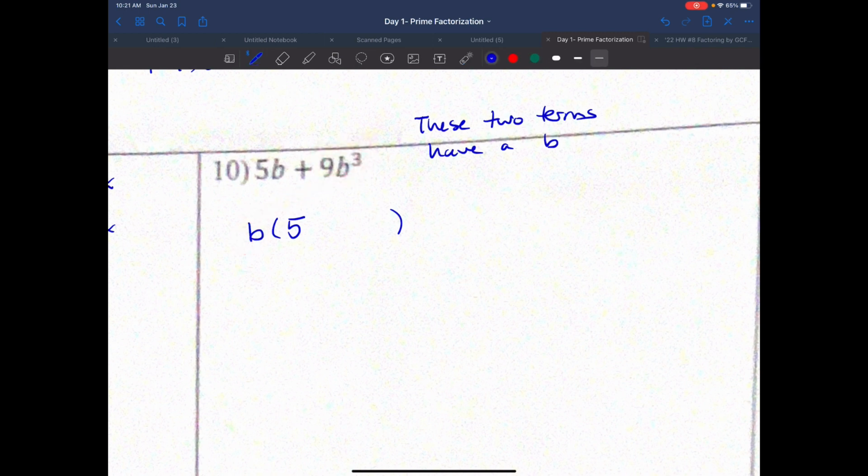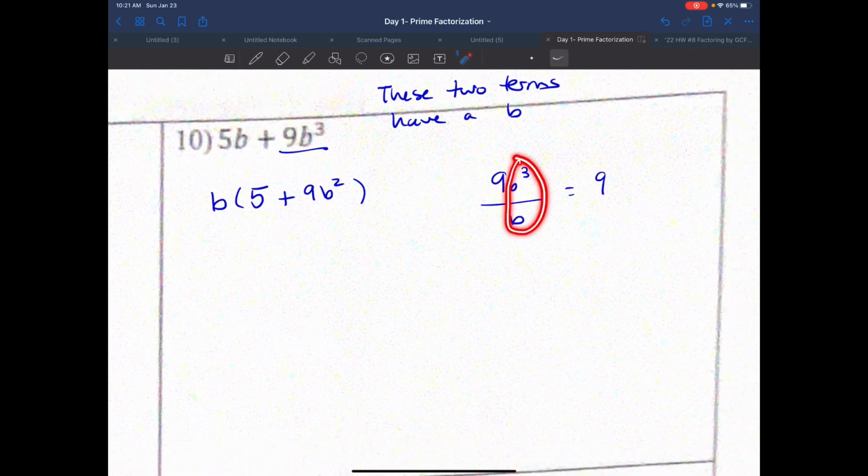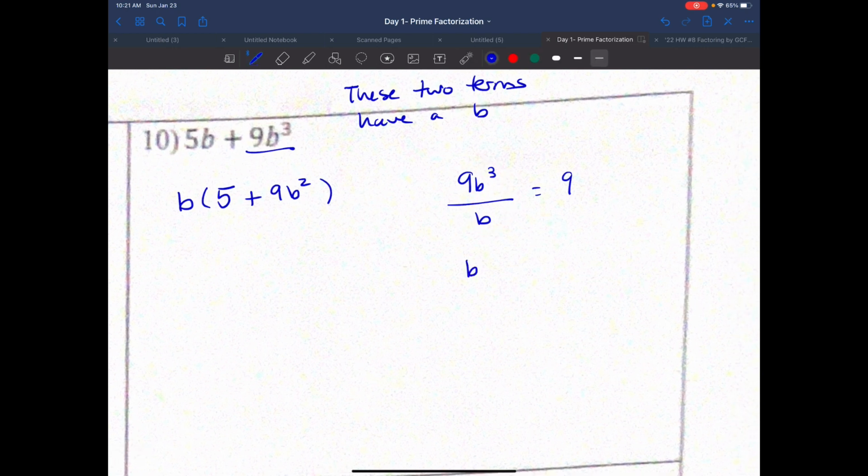And we know that's going to be 9b squared, right? If you don't know, let's write this on the side. 9b cubed divided by b: 9 divided by 1 is just 9, and b cubed divided by b is b to the 3 minus 1, which is b squared. So that's exactly where I have this here. Hopefully that makes sense.